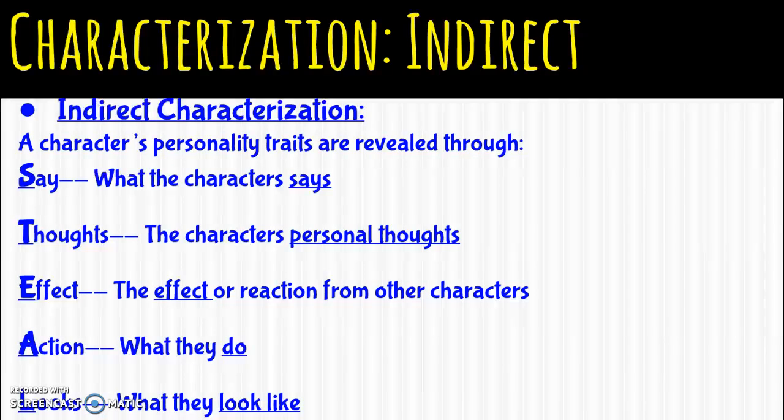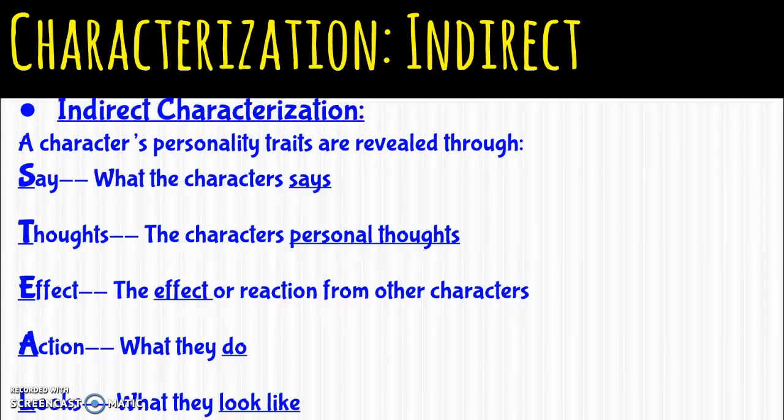So you'll notice here that we have an acronym for the 5 ways a character can be indirectly characterized, which is speech, S, thoughts, T, effect, E, action, A, and looks, L. So STEAL is the acronym. It's a helpful memory trick.